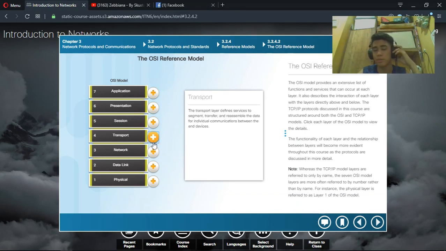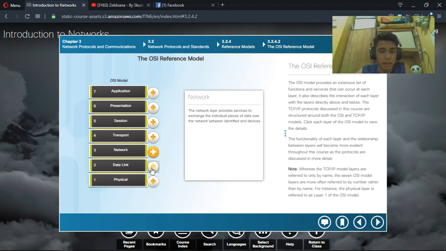Transport is like the one in TCP/IP, which creates the segment from the data. The network layer provides services to exchange individual pieces of data over a network between identified end devices, where the data becomes a packet.